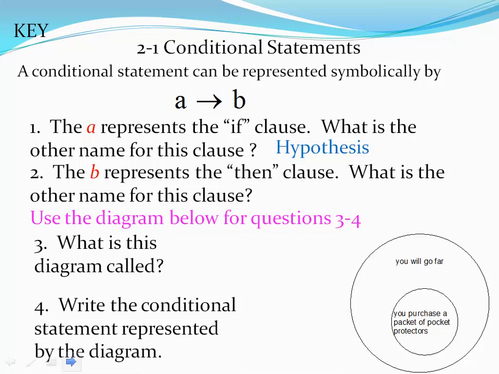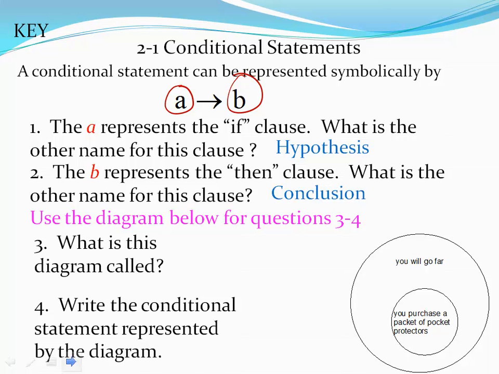And the B part of this symbolic representation is the then clause. What is the other name for this clause? That's the conclusion. So if you clean your room is the hypothesis, then you may go to your friend's house. You may go to your friend's house is the conclusion.